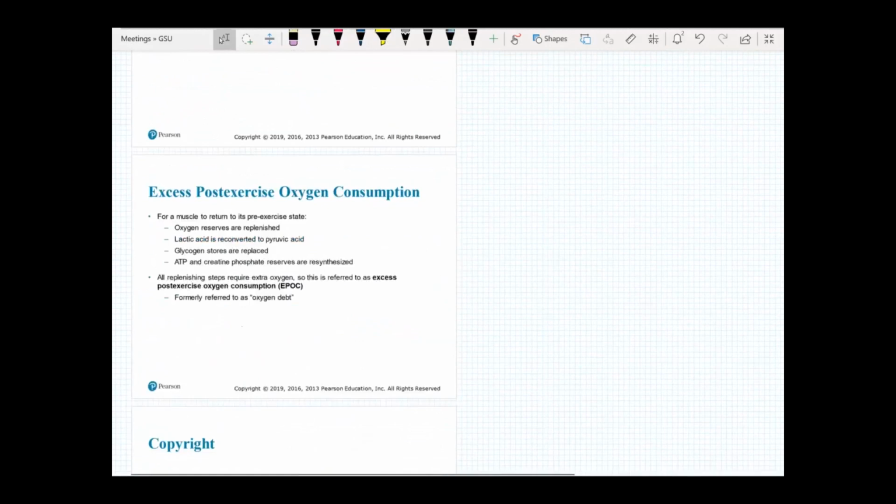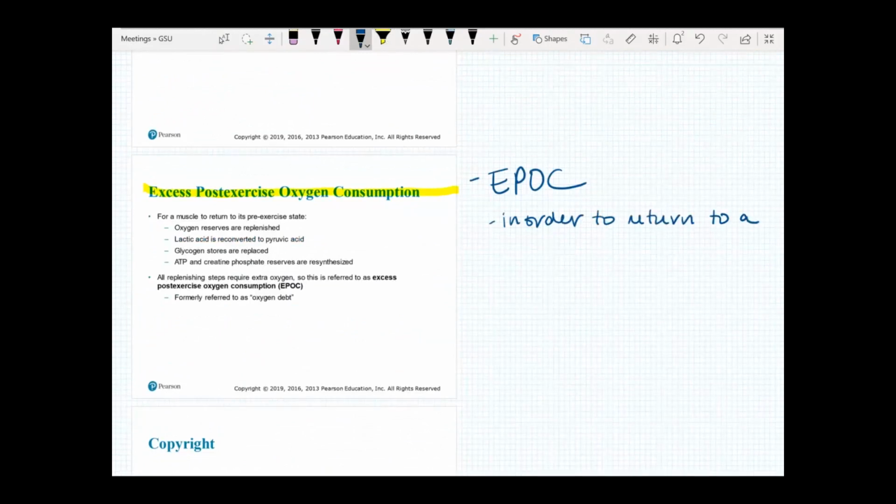There's also a concept called EPOC, which stands for excessive post-exercise oxygen consumption. The premise is that in order to return to a pre-exercise state, to go back to normal, the muscles must do a couple things.